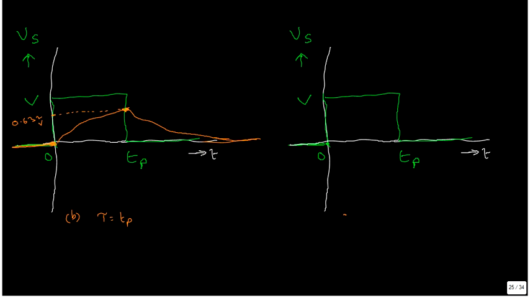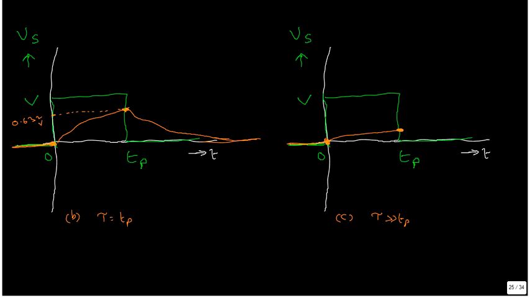Next, the third case, when tau is very large compared to Tp. When tau is very large compared to Tp, the voltage V is applied for a shorter duration of time, but the capacitor requires a longer time to reach that value. So it reaches only a small portion of V. You can draw it like this.